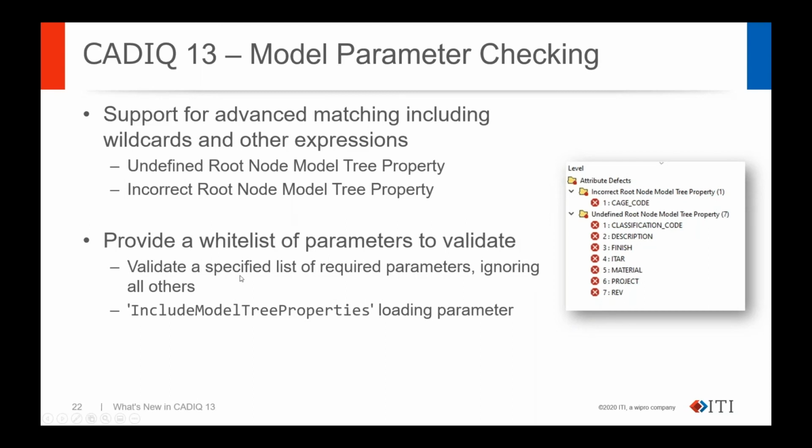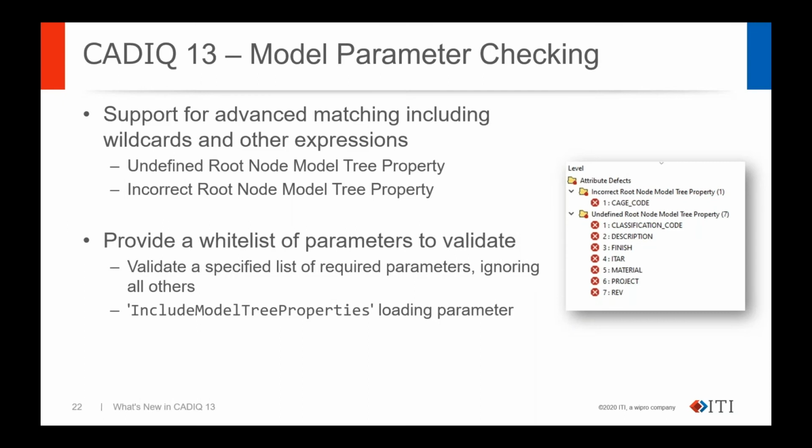And when you're validating parameters, sometimes the models will contain a long list of them. When you're generating derivatives, sometimes you only want to know that these 10 important ones get into the derivative, and the other ones we don't really care about, or maybe your publishing process deliberately skips some of them.